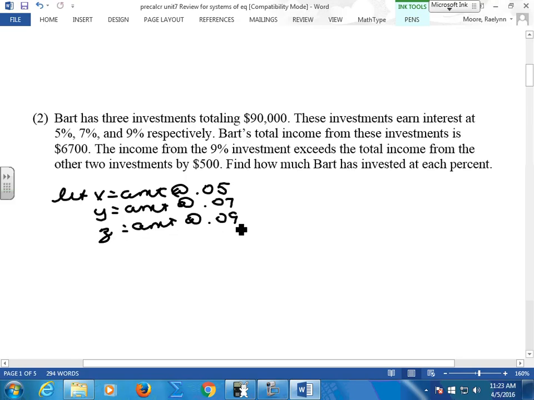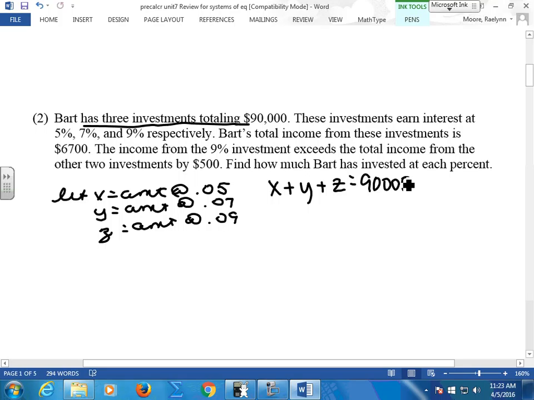There you go. There's three investments total. So where's my statement? X plus y plus z equals 90,000.